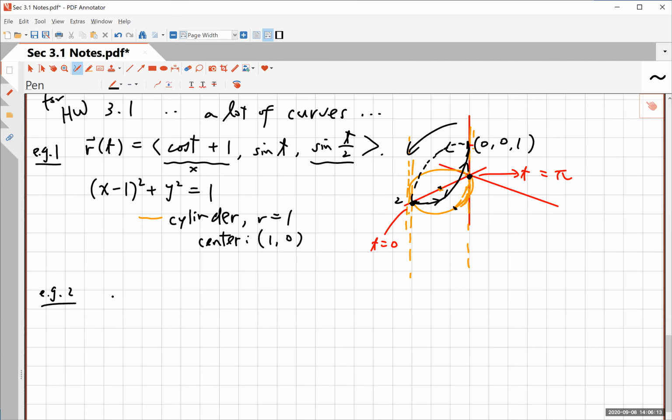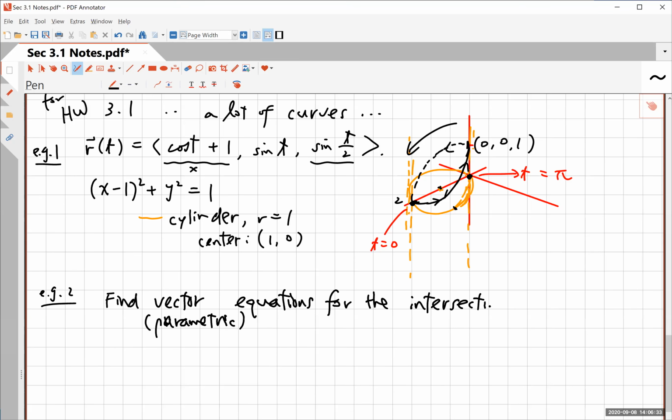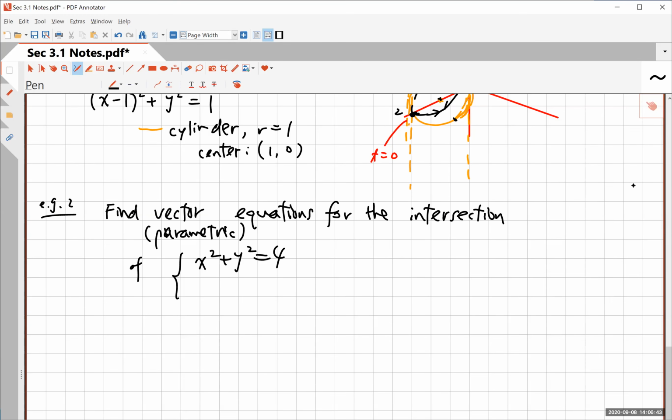Okay, so the next one, how about this? You'll have questions like this. Find the vector or parametric equations for the intersection of, let's say, x squared plus y squared is equal to 4, just giving you some simple examples, and z is equal to xy.